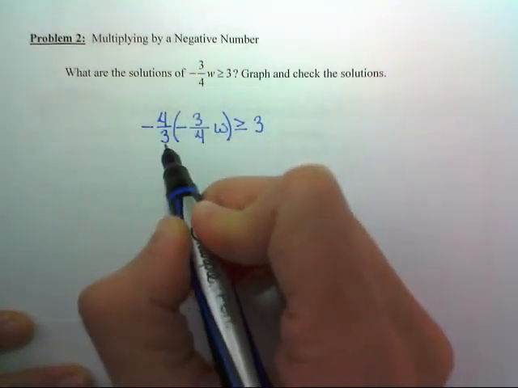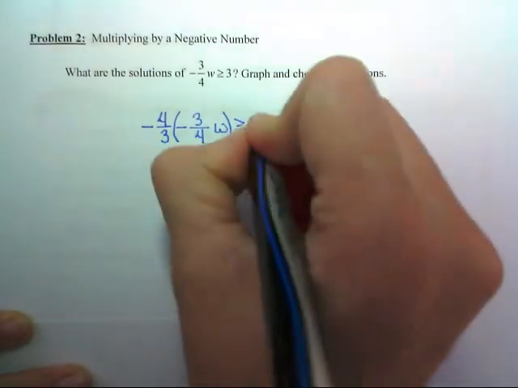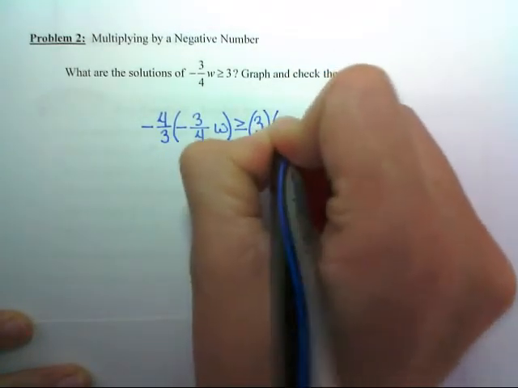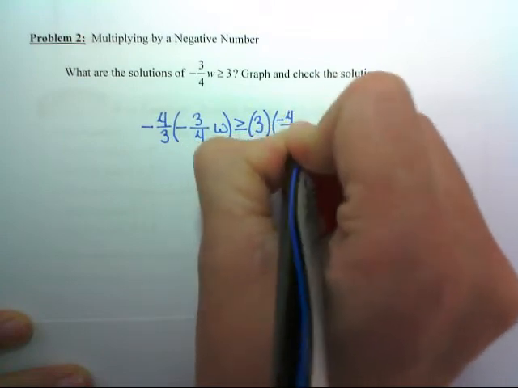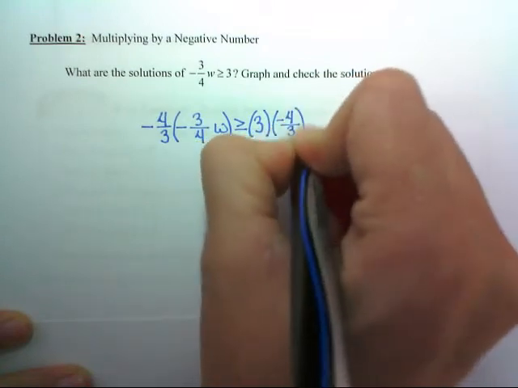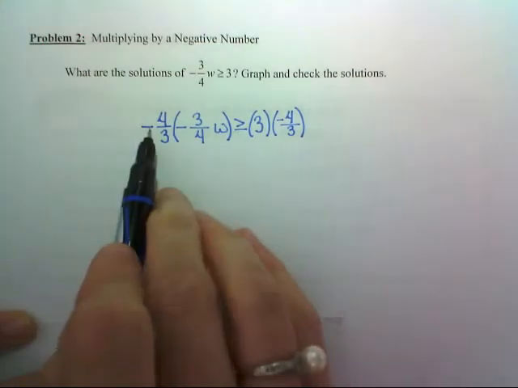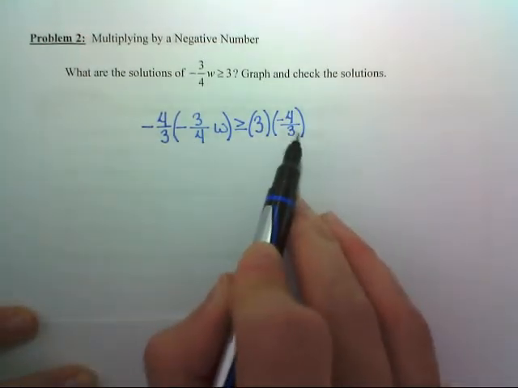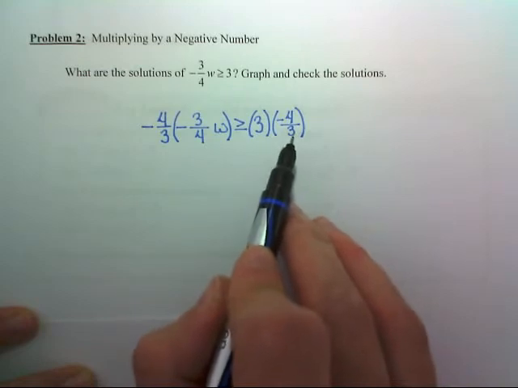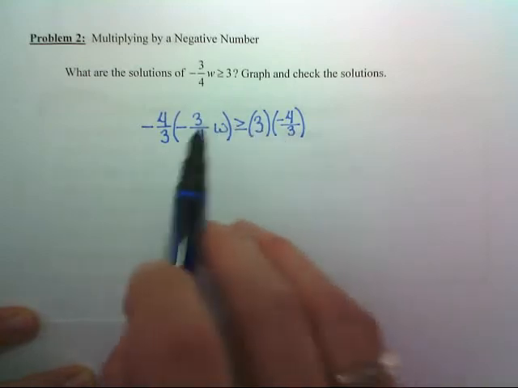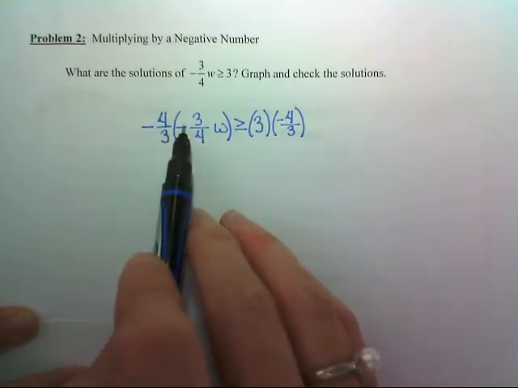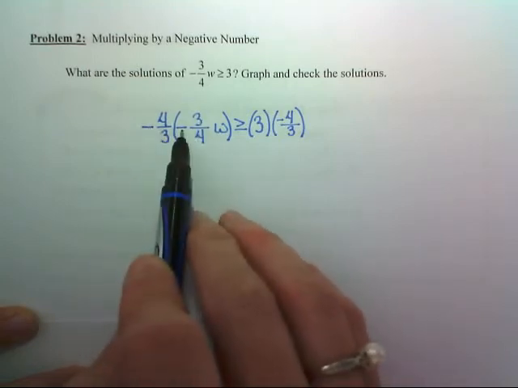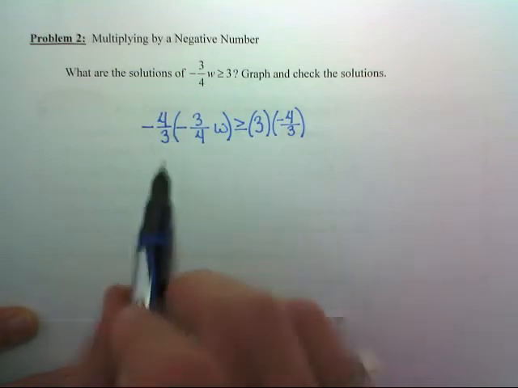Now if I multiply this side by a negative 4/3, just like with equations, I have to make sure that I multiply the other side by a negative 4/3. So I've multiplied both sides by a negative number. So that should clue us in that this is that special case with multiplication. Now because I am multiplying 4/3 and negative 3/4, these are reciprocals of each other, and a negative times a negative gives me a positive.